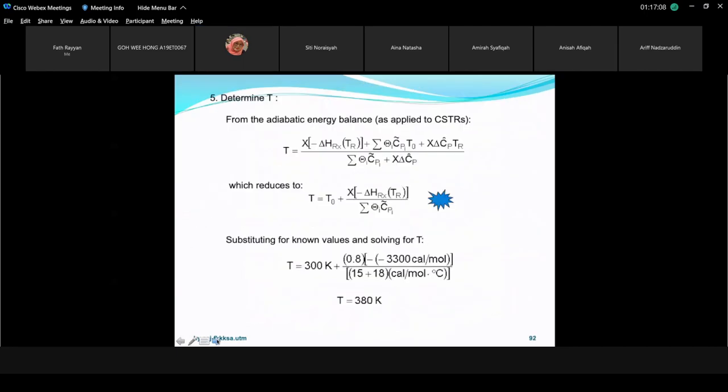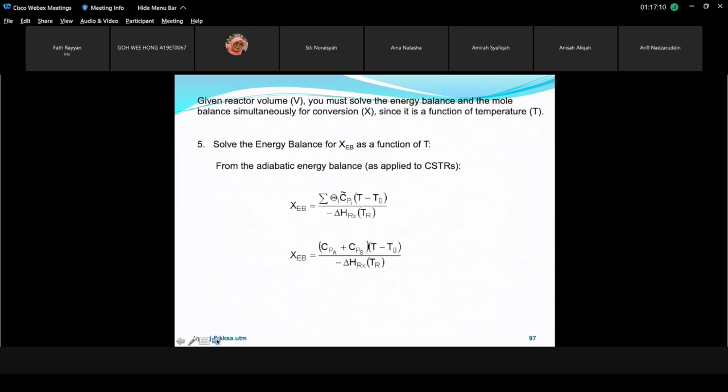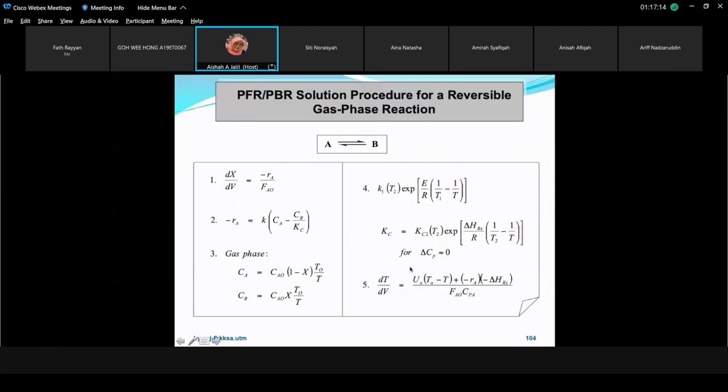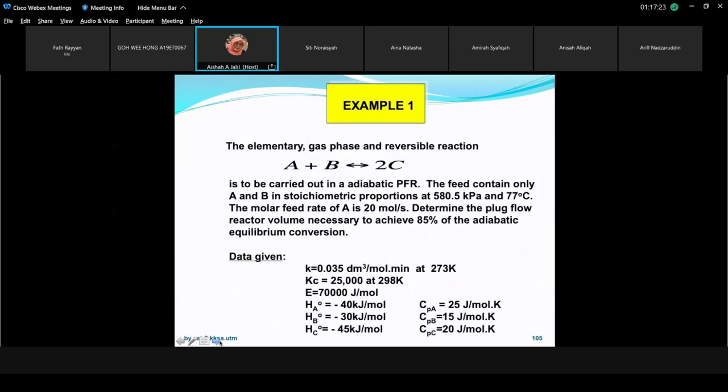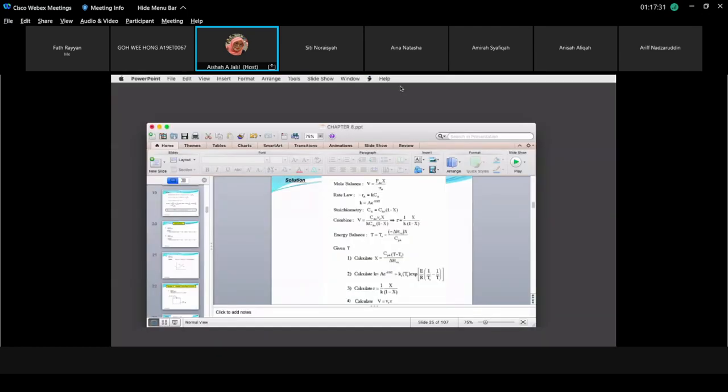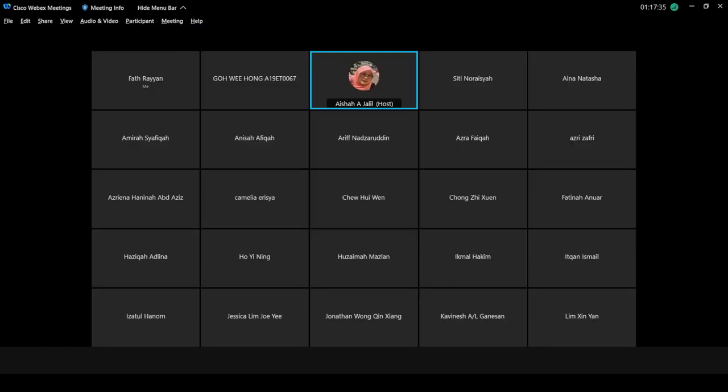Okay, that's all for chapter 8. Any question? You can see this is the example question for chapter 8. We have two or three examples. That's all for chapter 8.